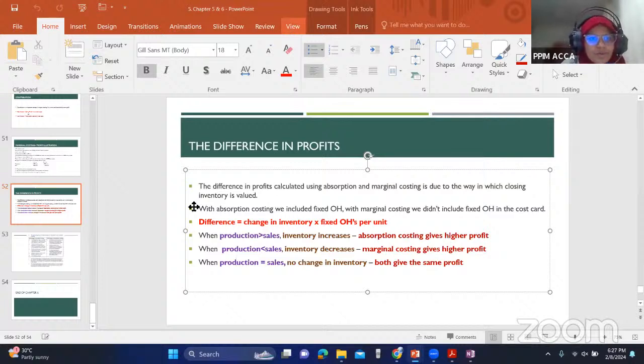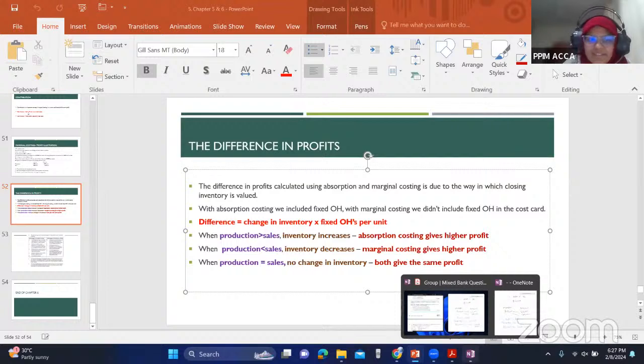Right. So, I give you a minute. You can go through this. I mean, you can take a picture if you want. And then I'll show you the workings as well if you want to take it down. Right.